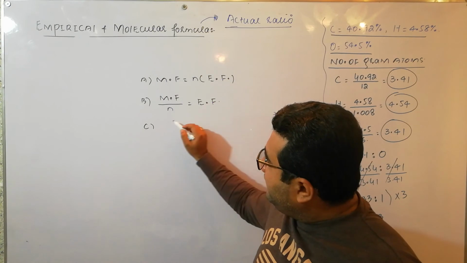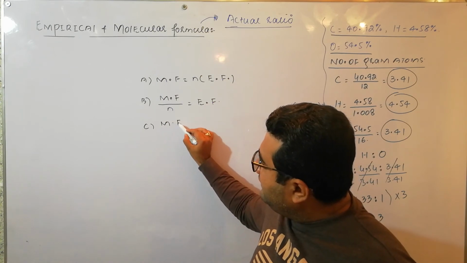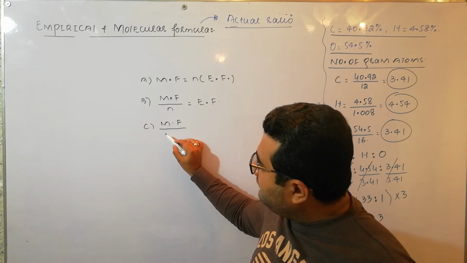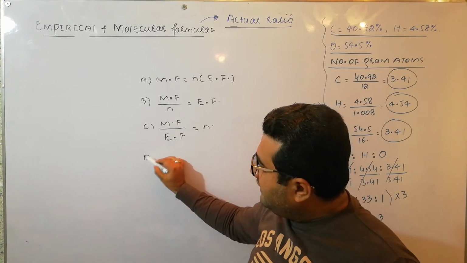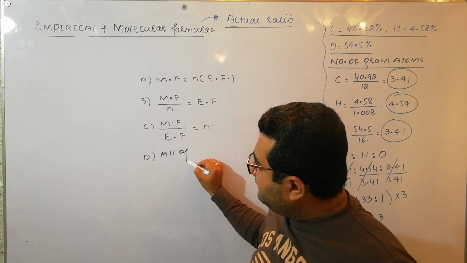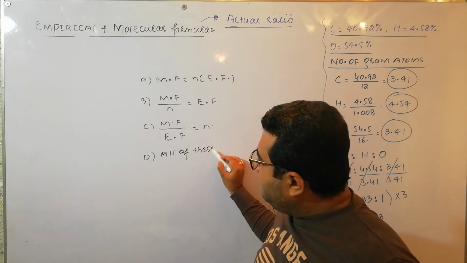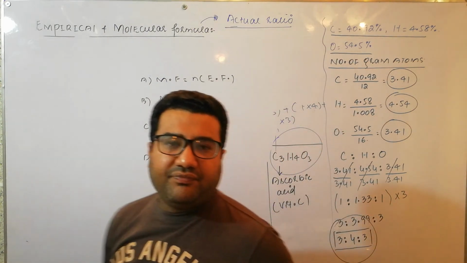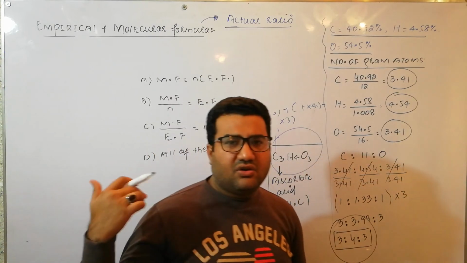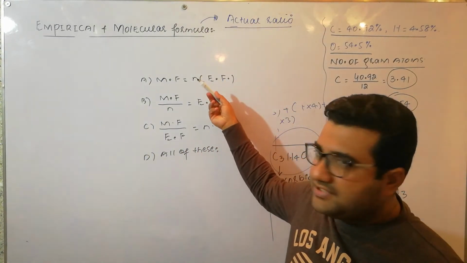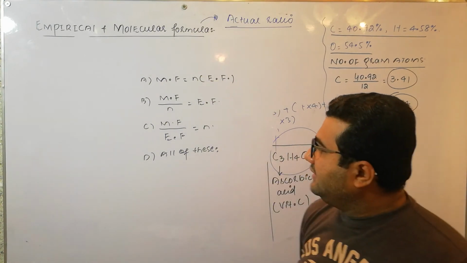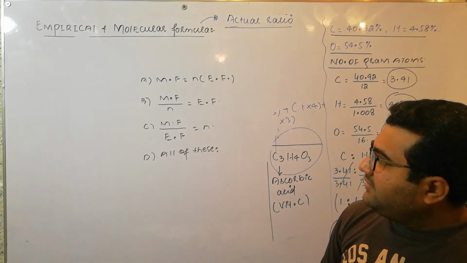We can also write it as molecular formula over empirical formula is equal to N. And what will be delta? That will be all of these. So the question will be, which of the following is a correct relation? All of these are correct relations. Basically these are rearranged forms of this relationship. In this way the MCQ can be asked.